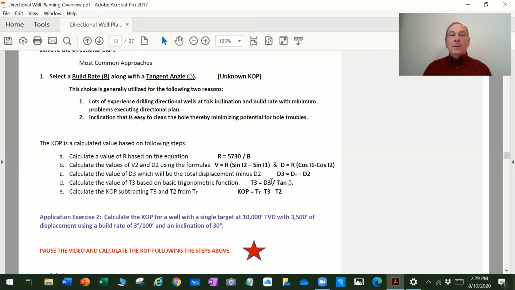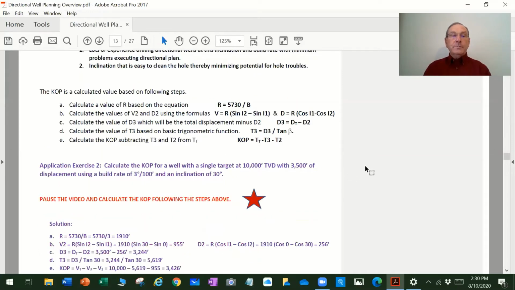Since we have T3 and we have T2 that we calculated in step B, we can calculate our kickoff point. It's going to be the total TVD minus the T3 that we calculated in step D, and also subtract out the vertical depth that we calculated in step B. That would give us our kickoff point.